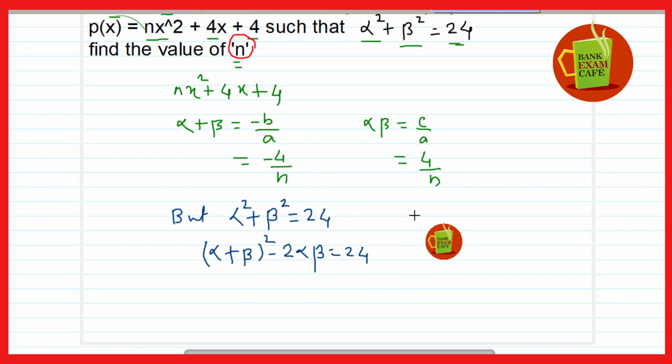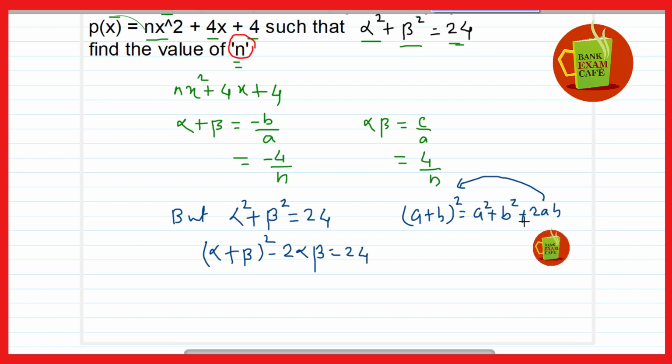This we have got because we know the formula that a plus b bracket square is equal to a square plus b square plus 2ab, and if you take 2ab to this side it will become minus 2ab, and you will get a square plus b square is equal to bracket a plus b bracket square minus 2ab. So we have applied this formula here.